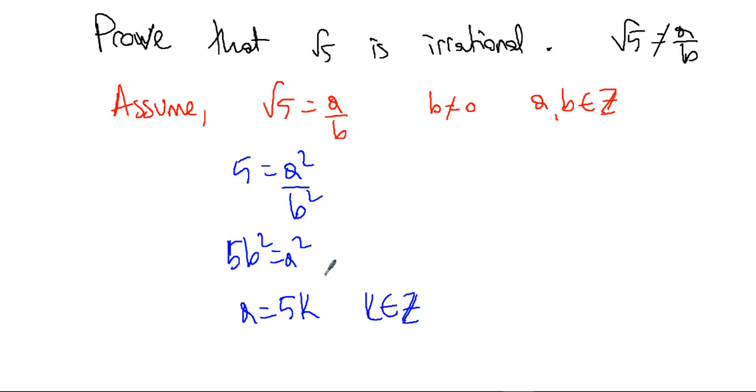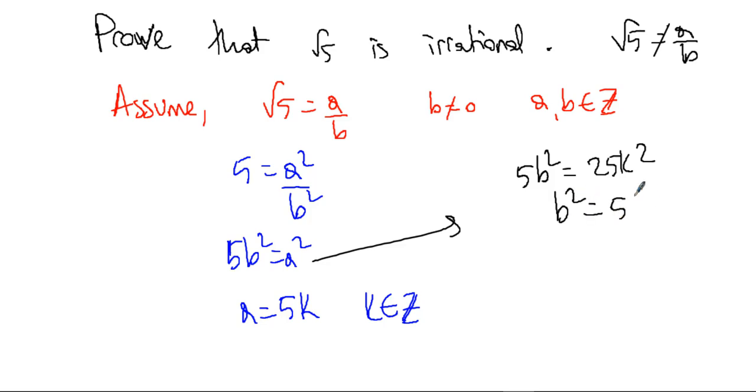So from here, if I rewrite this statement, 5b squared equals 25k squared. I just put 5k instead of a. And from here it also seems that b is a multiple of 5. So I can write b as 5 times m for some integer m.